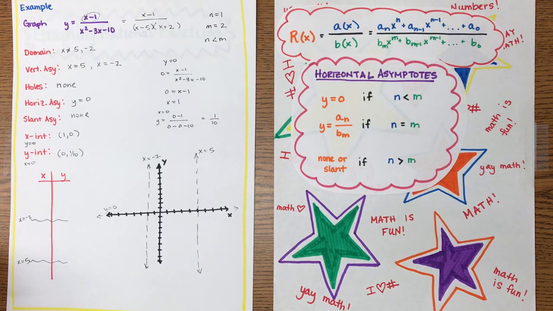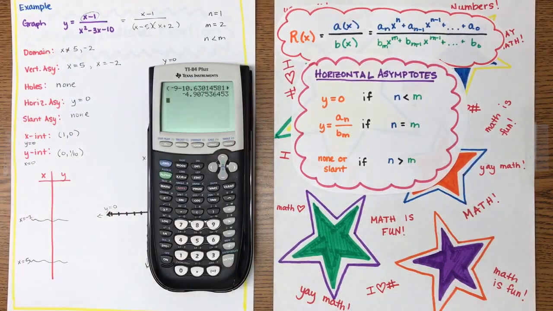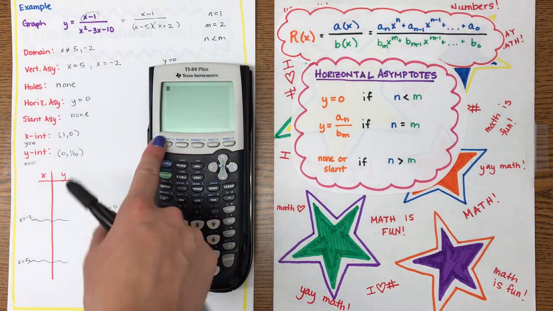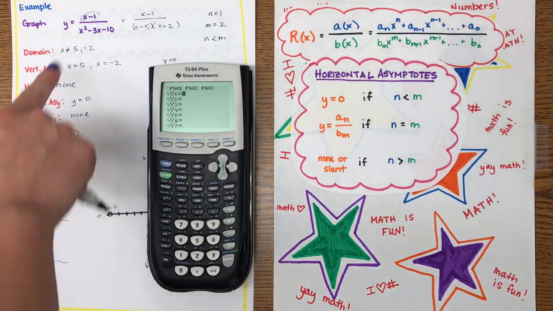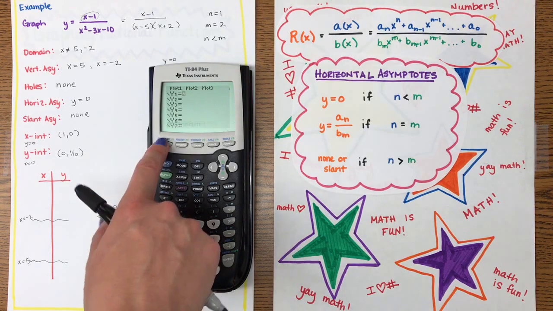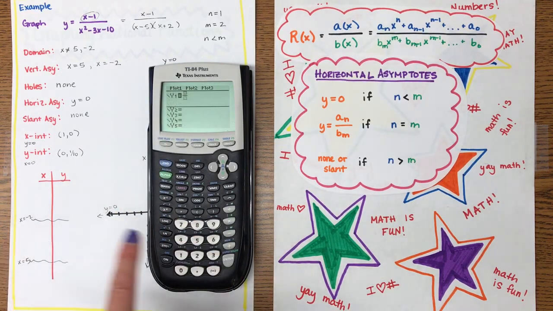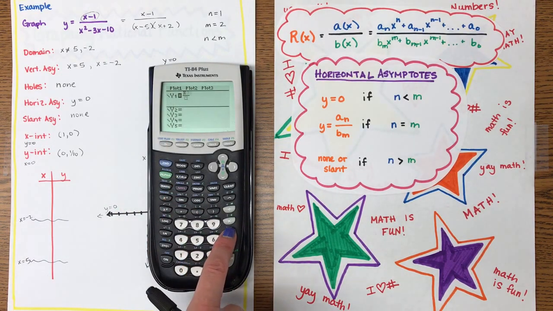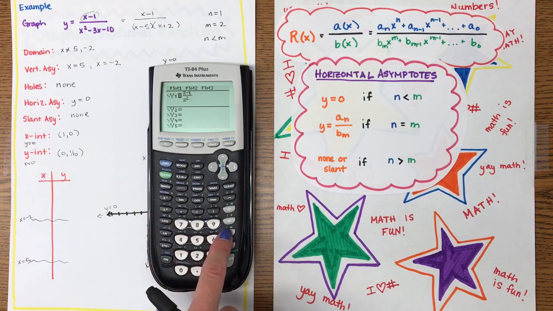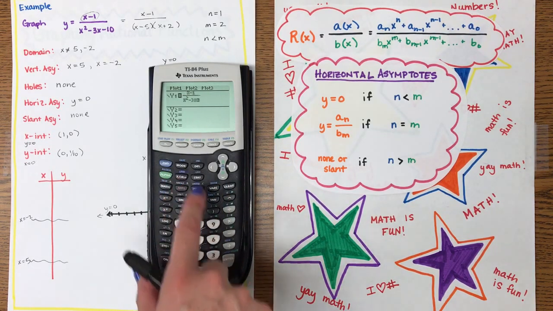In general, using your calculator for this is going to be a good idea to find your ordered pairs. What you're going to do on your calculator is go to y equals, and input your original equation into y1. So I'm going to input in the numerator x minus 1, and in the denominator x squared minus 3x minus 10.